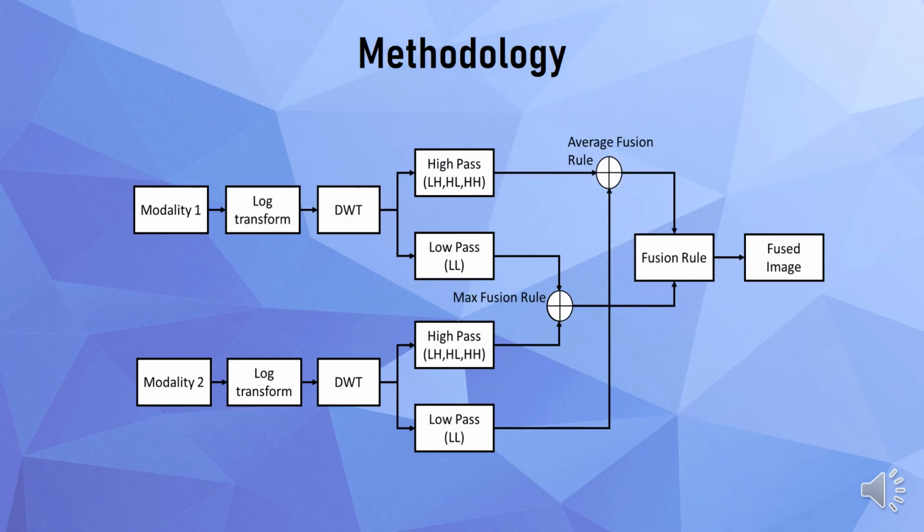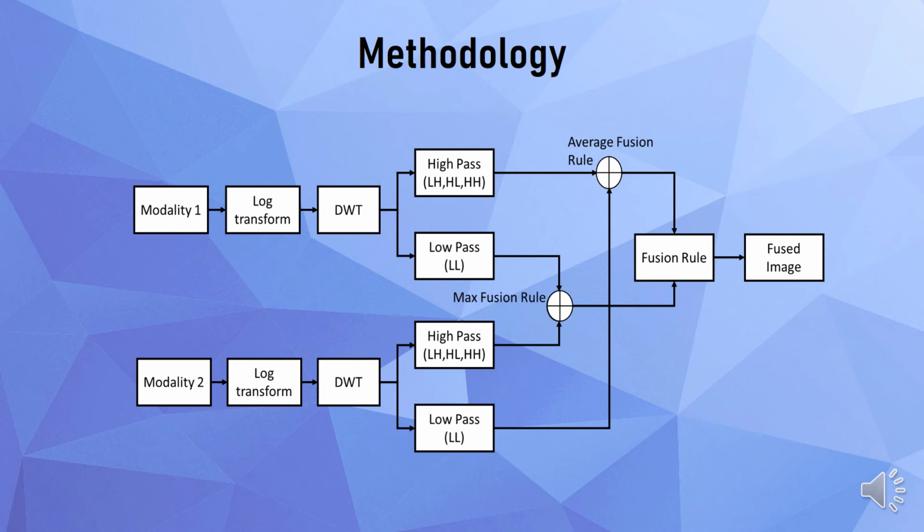This is the diagram or flow of our improved homomorphic fusion technique. If you compare it to the DWT technique, it looks a bit different because we have the log transformation added into it, and also the decomposition.